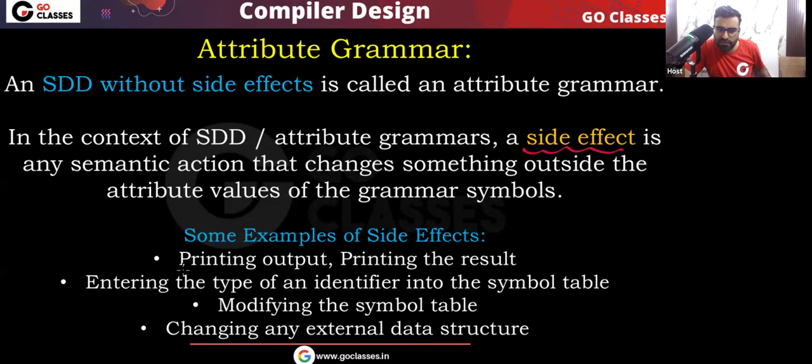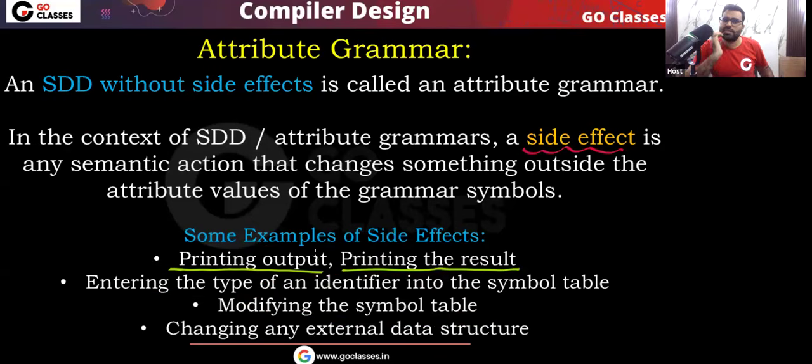For example, when you print the result on the screen, you are doing something other than attribute computation. Yes or no? So printing the output is a side effect. Another example: when you modify the symbol table, if you insert the type information in the symbol table.